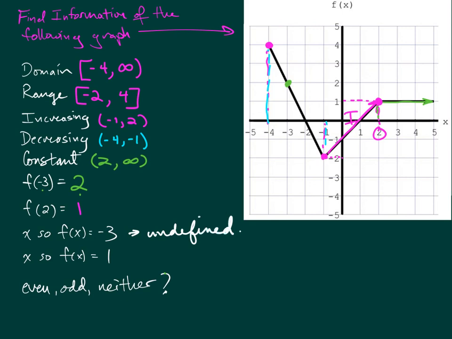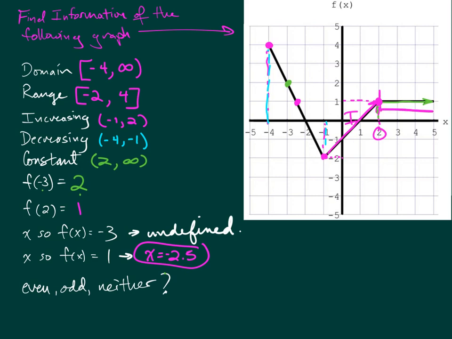But finding x where y equals 1, that's a whole different story. That can be happening right here. And I would guess that x would be -2.5, somewhere in that area. But also, where is the y value equal to 1?